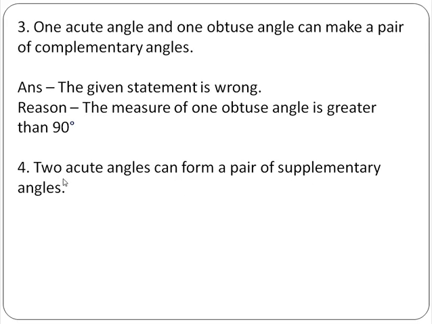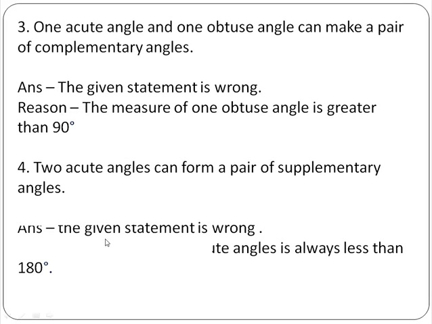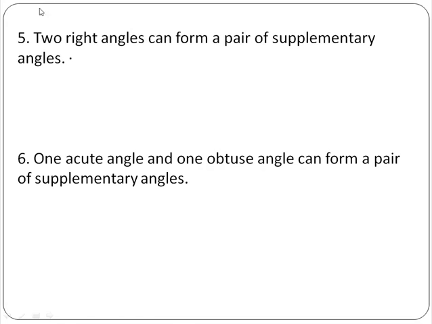So if you add any two numbers which are smaller than 90 degrees, will you get the sum 180 degrees? No. It means the given statement is wrong. The sum of two acute angles is always less than 180 degrees because you are adding two numbers which are smaller than 90 degrees.